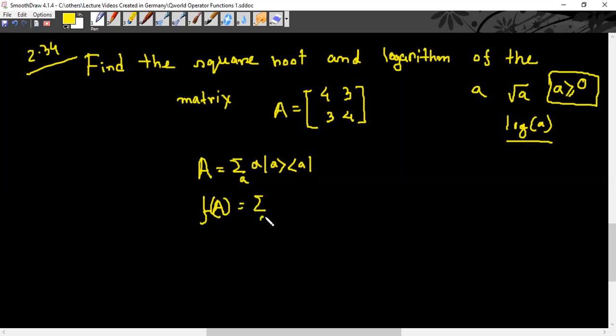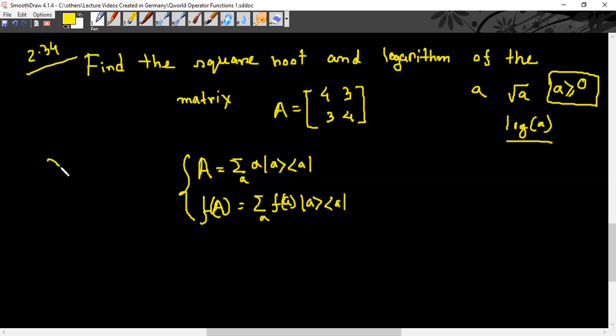We have defined this function for operator, and we are taking coefficients function of A like this. So we will be using these two facts here to calculate the square root and logarithm.